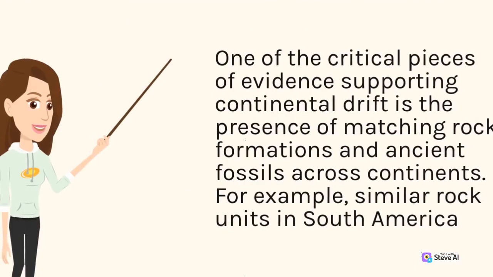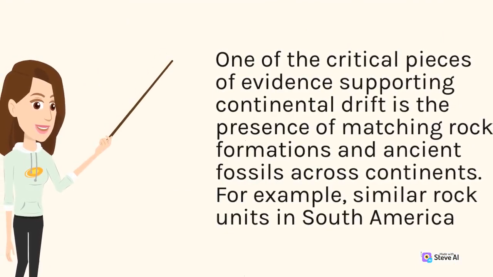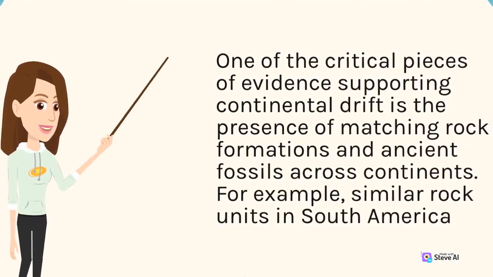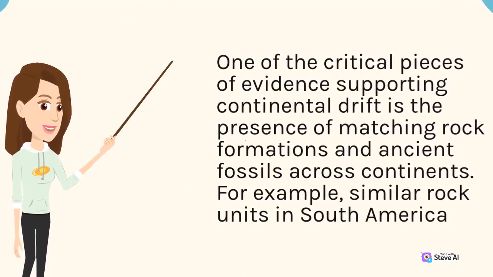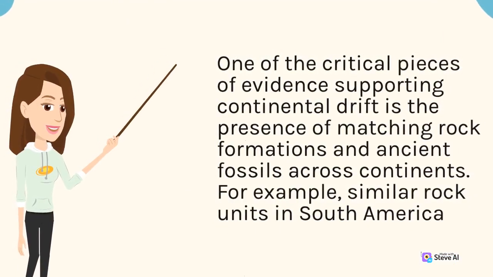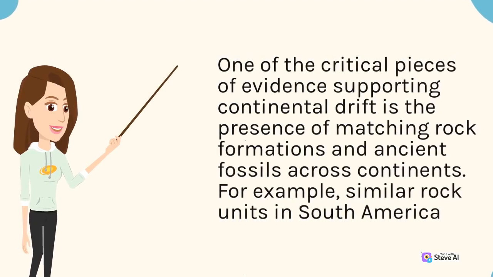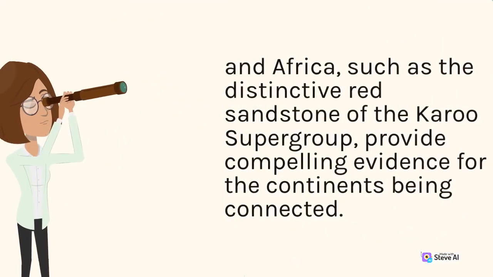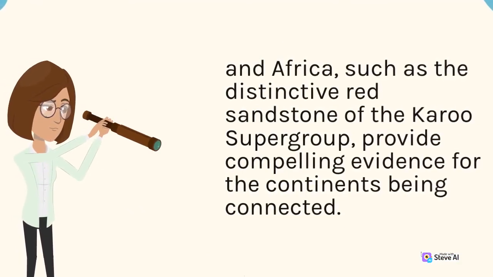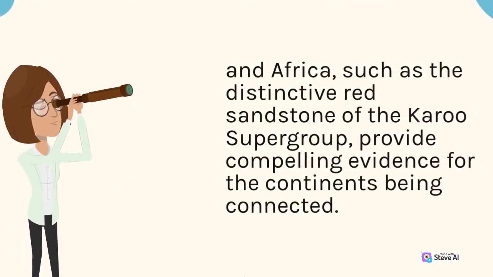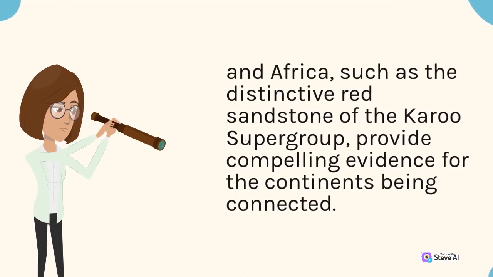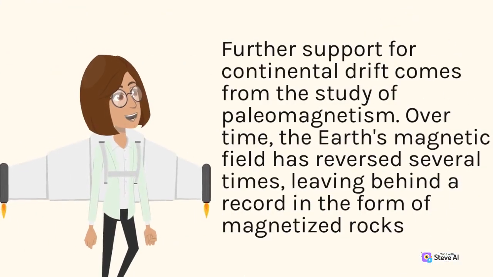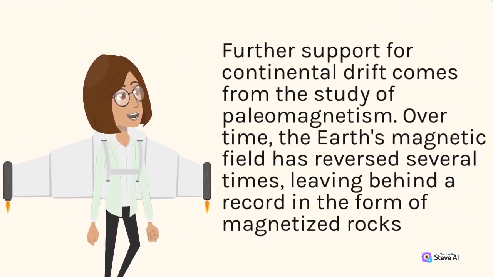One of the critical pieces of evidence supporting continental drift is the presence of matching rock formations and ancient fossils across continents. For example, similar rock units in South America and Africa, such as the distinctive red sandstone of the Karoo supergroup, provide compelling evidence for the continents being connected. Further support for continental drift comes from the study of paleomagnetism.